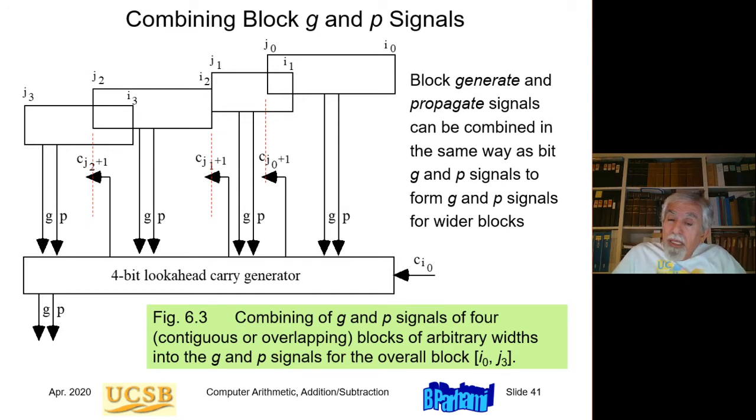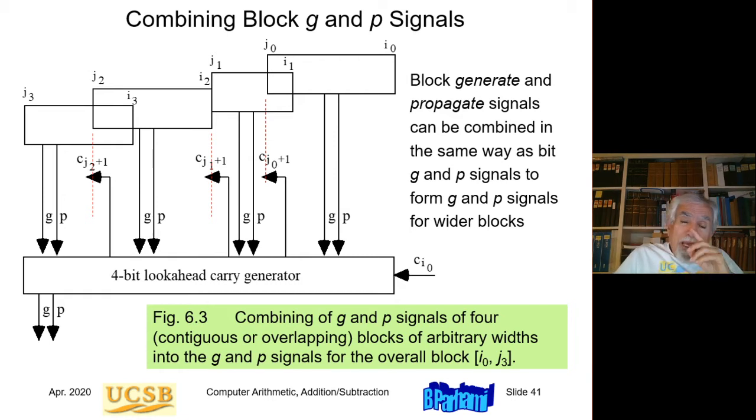And therefore, I can implement this wide adder using smaller adders, blocks with Carry-Lookahead. So each of those blocks has Carry-Lookahead inside. And this circuit at the bottom, the 4-bit lookahead carry generator, is Carry-Lookahead between those blocks.